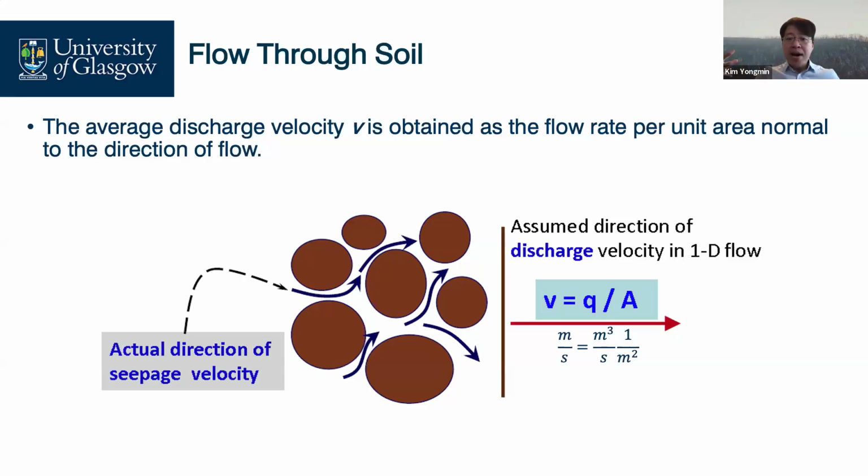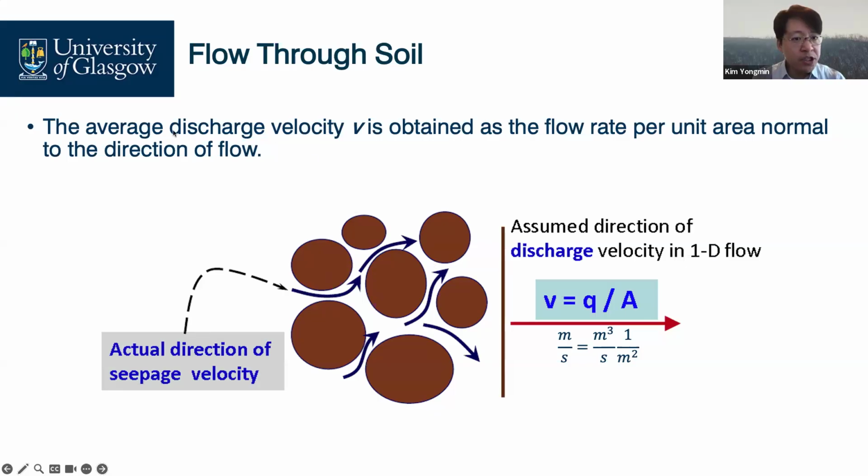But macroscopically, the flow path is kind of one-dimensional conditions. Let's say left to right, right? Each water individually flows through this way, this way. It looks very tortuous, but macroscopically, the direction is just left to right.